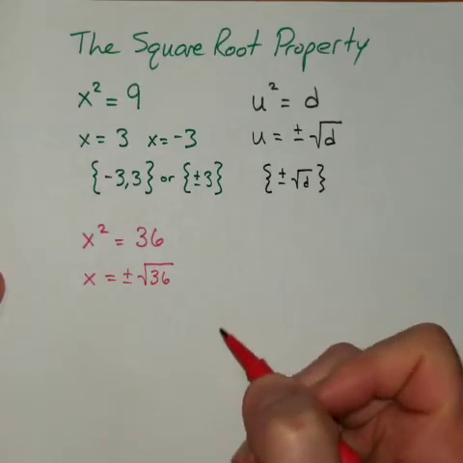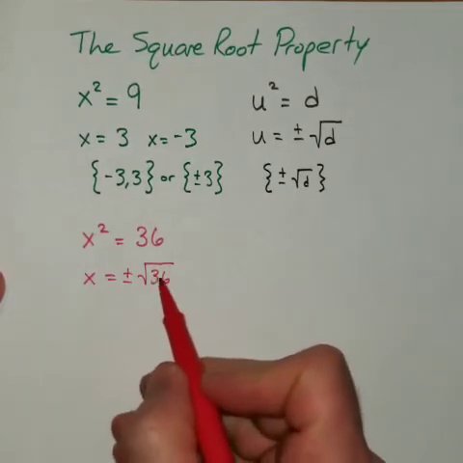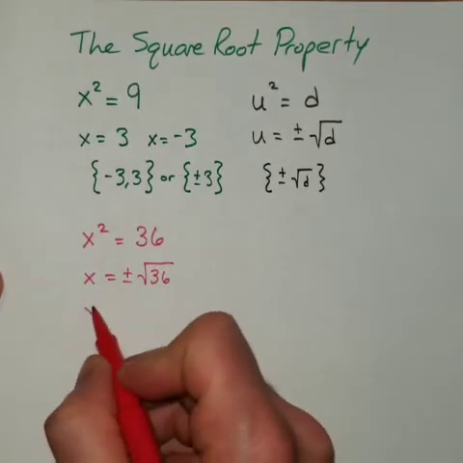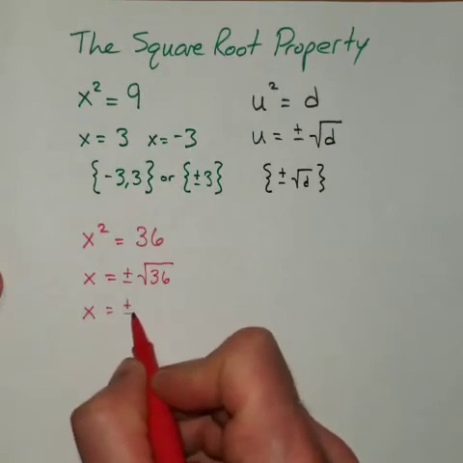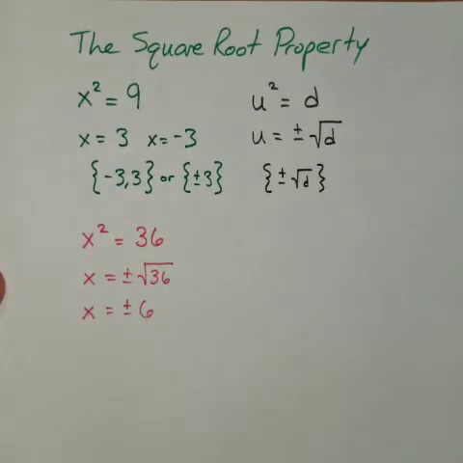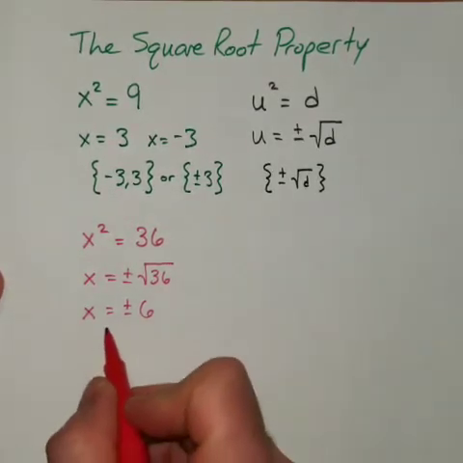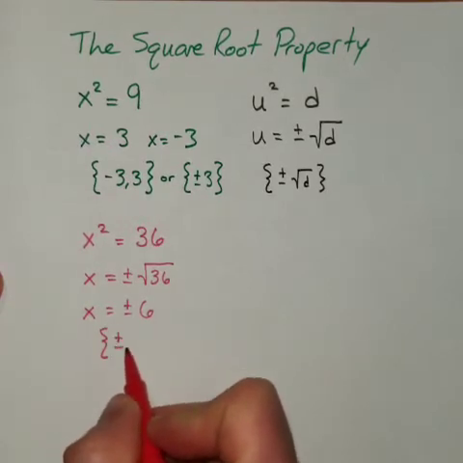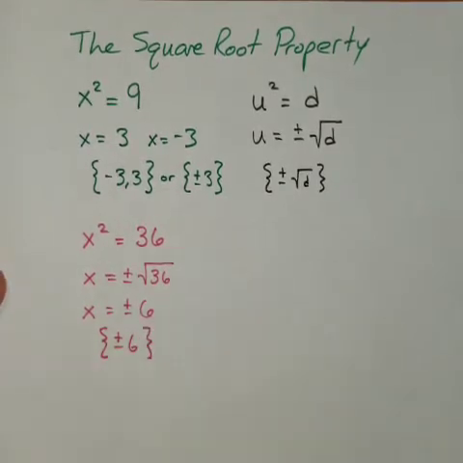Just to give you an extra step in there. Now the square root of 36 is 6, and so this is plus or minus 6. So two solutions, and in solution set form, I could write it shorthand that way.